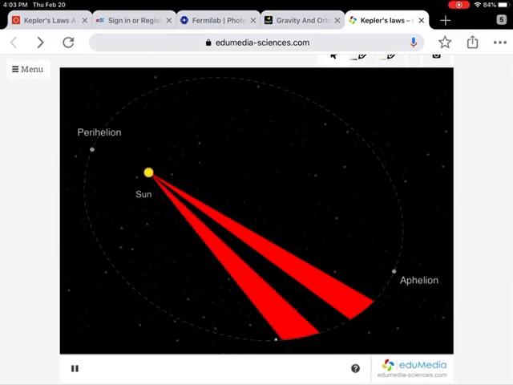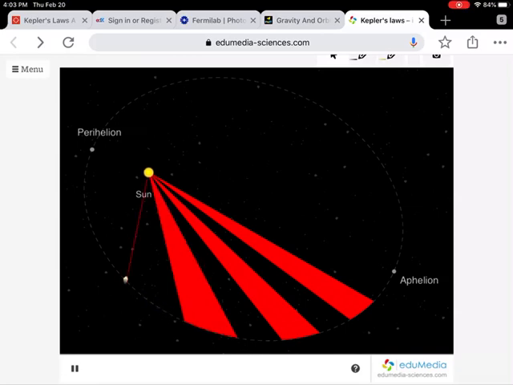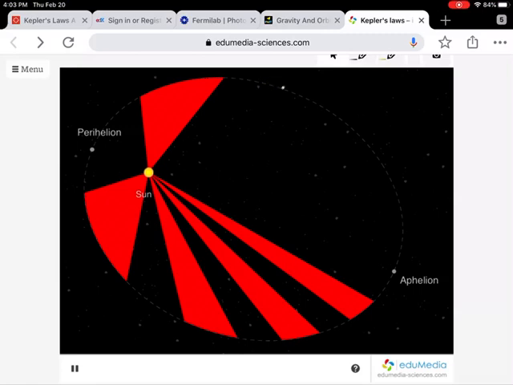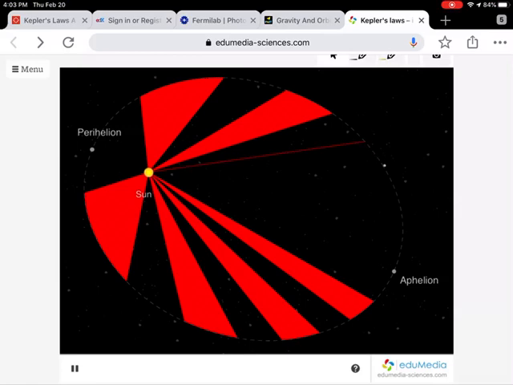Okay, so here is an animation with the sun and a planet. We can see the planet going around, and then the red area, and then the black area, and then the red area. These are all equal areas. The size of those areas is the same. And we can see that the consequence of the equal areas rule is that the planet goes faster when it's closer to the sun, and the planet slows down as it gets farther from the sun.